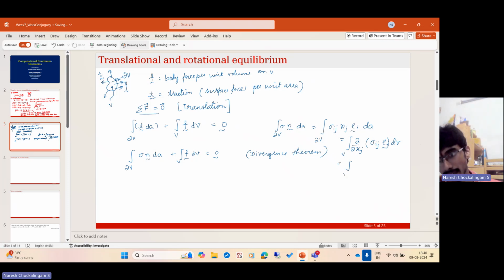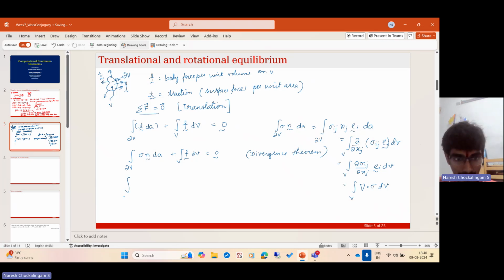Therefore, it is nothing but integrated over the volume del sigma ij by del xj ei dV. But in a basis free representation, this is nothing but the divergence of sigma dV. So sigma itself is a tensor. The divergence of a vector is a scalar. Therefore, the divergence of a tensor is a vector.